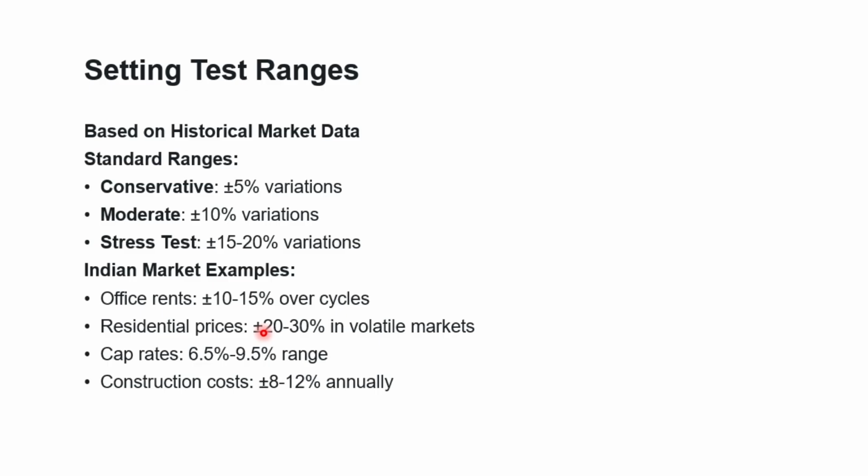So these aren't just arbitrary numbers. These are based on historical market data, and your range should reflect actual market behavior and not your wishful thinking. If you are feeling very optimistic, your range should not change because of that.